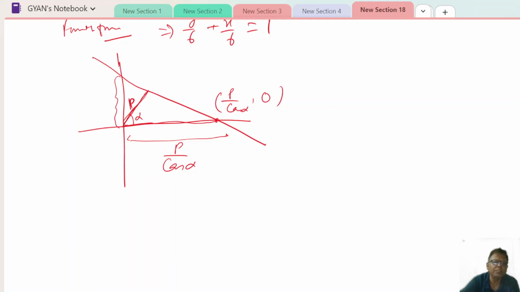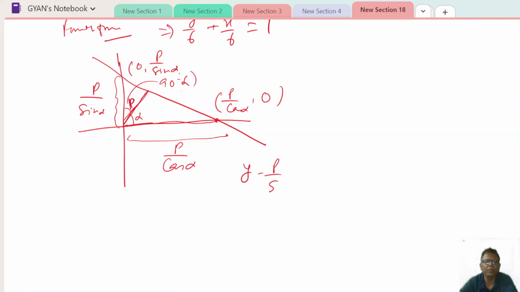And what will be this length? This is 90 degree minus alpha. So p by cos(90 degree minus alpha) means p by sin alpha. So this coordinate will be (0, p by sin alpha). So the equation will be (y minus p by sin alpha) divided by (0 minus p by sin alpha) divided by (p by cos alpha) is equal to that into (x minus 0).